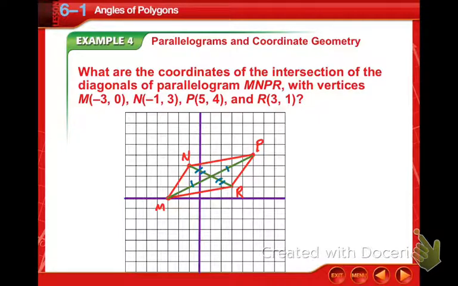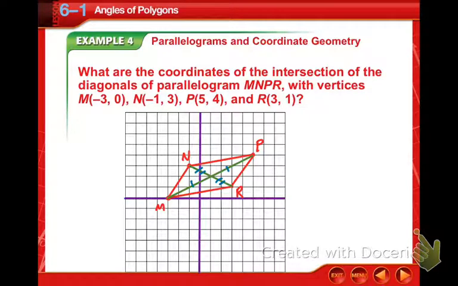I just showed you that on one of the last theorems we had. And that means that the point right in the middle is the midpoint for either of those two lines. So if we use the midpoint formula, we can find the midpoint for line NR or the midpoint for line PM. You've got two options. I'm going to show you both, just to show you that I get the exact same thing no matter what, okay?